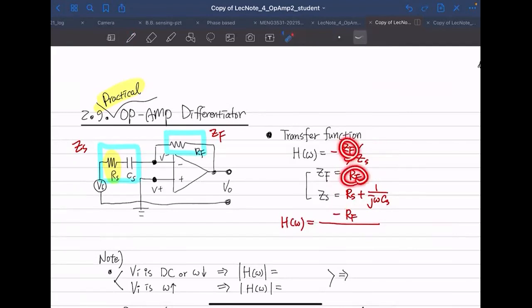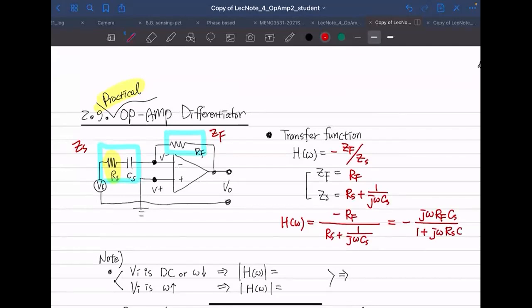This is ZF, right? And this whole thing goes down here. So it's RS plus 1 over J omega CS. And if I just write this down one more time, it's going to be J omega RF CS over 1 plus J omega RS CS.